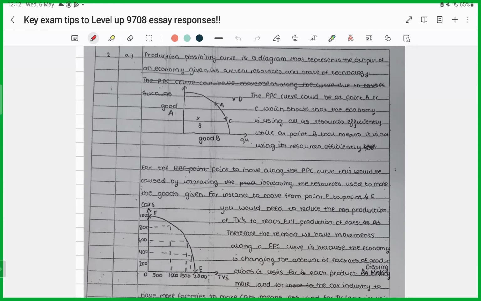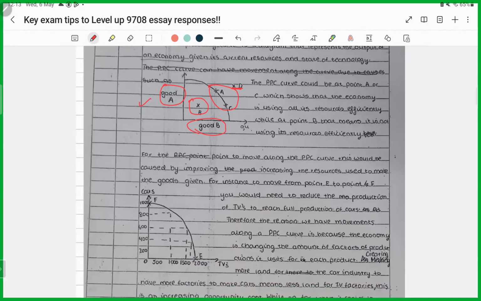Now, further, the candidate then drew this PPC curve. On the vertical axis, good A is shown, on the horizontal axis, good B is shown, and then there are particular positions displayed: points outside the PPC, a point inside the PPC, and 2 points on the PPC. Now see what is written further.